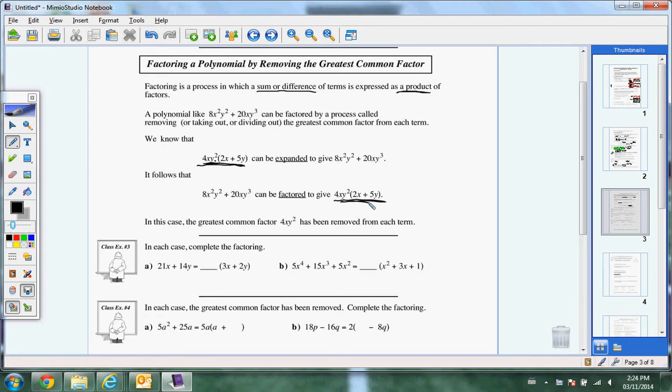So on example 3 here, 21x and 14y, well, x and y are different, so they're not in common. The only thing they have in common is a what? A 7. So that's why 7 times 3 is 21, 7 times 2 is 14. So this right here would be the factored answer.